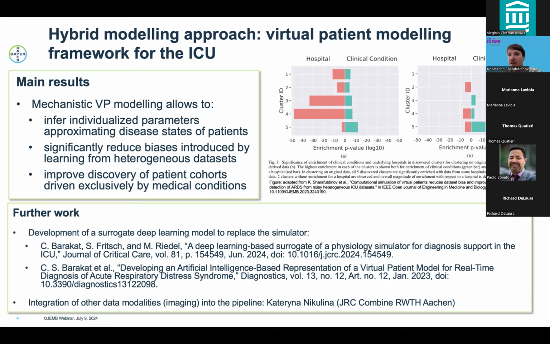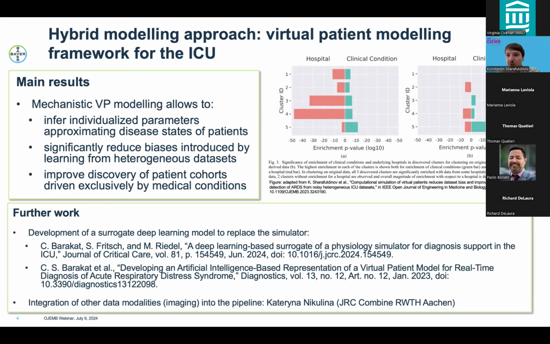That was one of the arguments, the proofs of our hypothesis, that this mechanistic modeling can be utilized to infer variables connected to the pathophysiological state, which can later be used in AI models, for clustering, for prediction tasks, or for any other tasks.